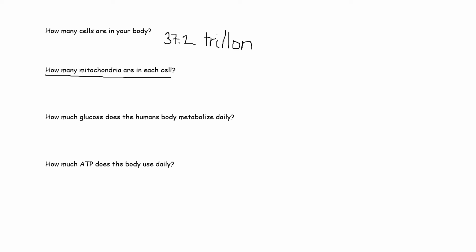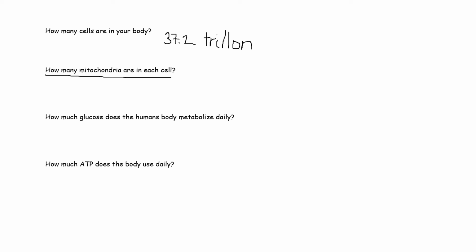How many mitochondria are in each cell? It really depends upon what kind of cell we're talking about, because some tissues might require more energy than others. So for example, muscle and heart would need more ATP than an epidermal cell, for example.